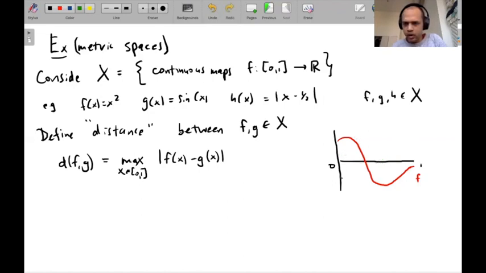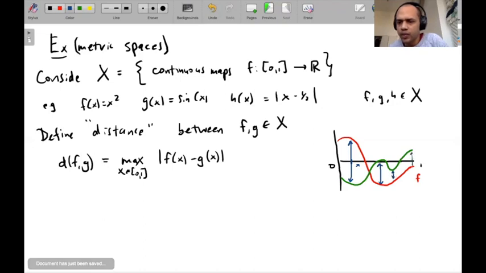But then the distance between f and g, the way we compute it is, for each value x, we look at the difference between f of x and g of x. And there's some distance between those values. And we look at this for all values of x. And we're looking for the place where this is the largest. So in my picture, it looks like maybe that's for this value of x here. And that's what we declare the distance.